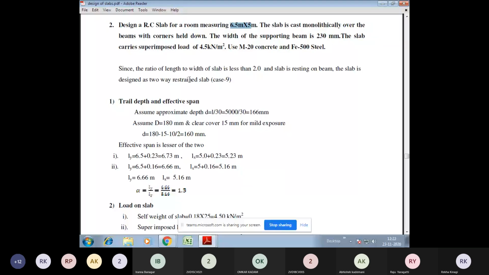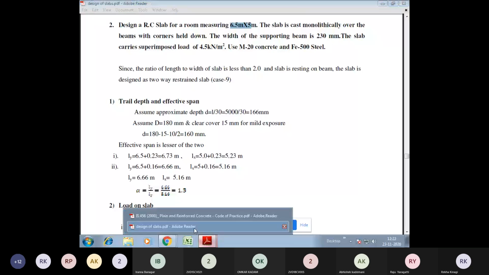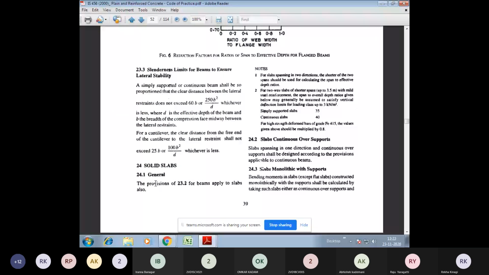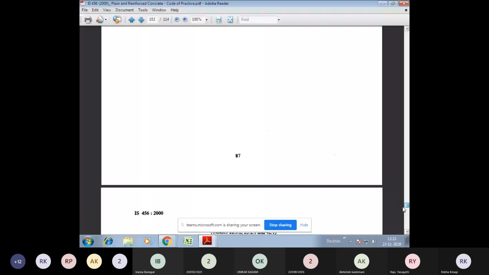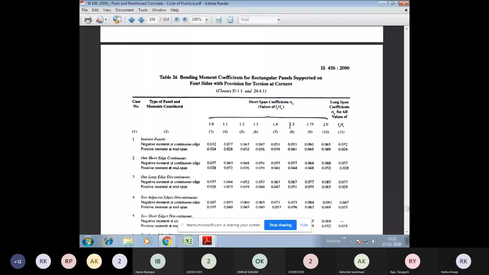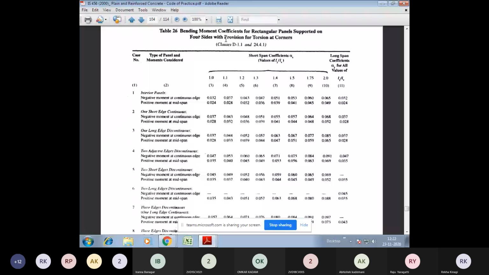If it is a restrained slab, then from the codal provision, we need to refer to table 26 of IS 456, because here we have the provision for torsion at the corners. Why do we provide torsion reinforcement at the corners? In order to make sure that the corners are not lifted up.